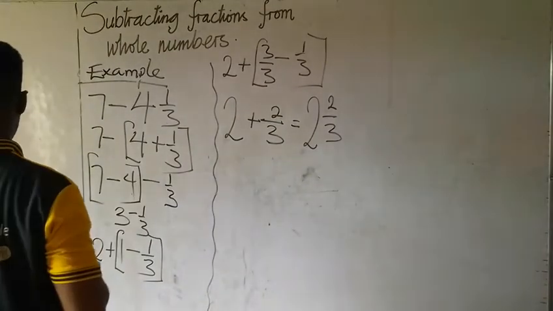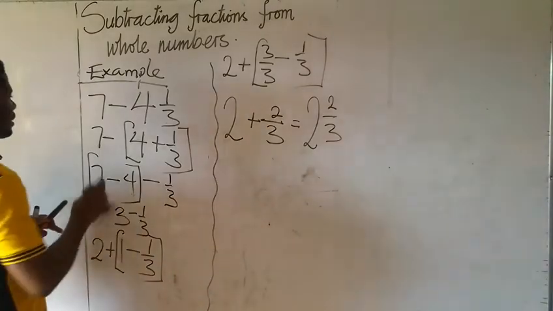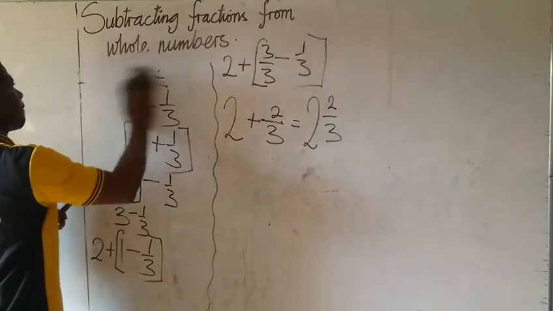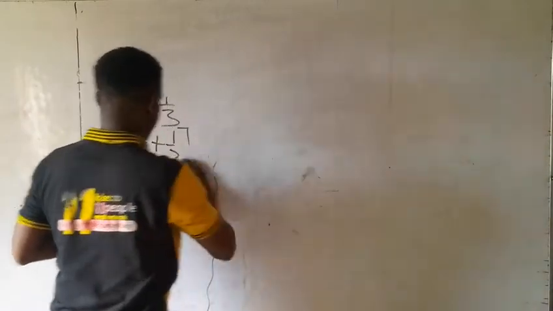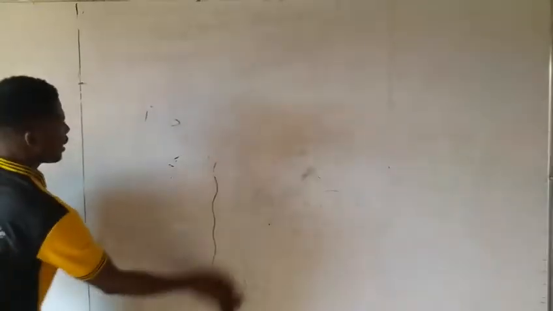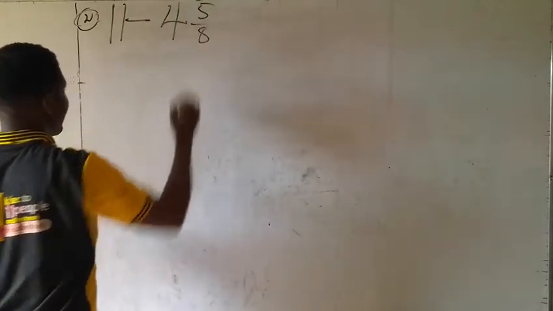Another example is this. I'll give you another example. So, the next example, example 2: 11 minus 4 whole number 5 over 8.